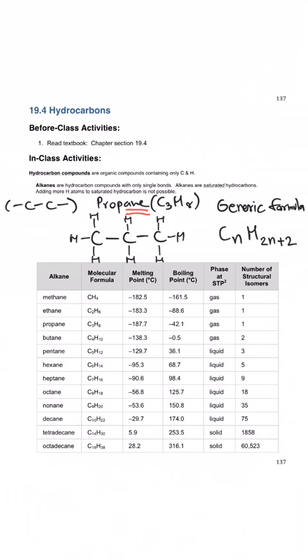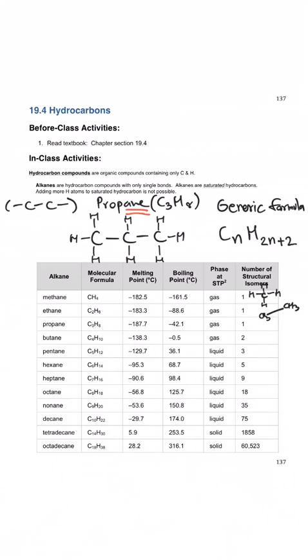Let's take a look at the first one, methane, right? So methane, you have CH4, which has only one available structure. Ethane would be only 2 carbons, right? So you have CH3 connected to each other, so that's also only one possible structure.